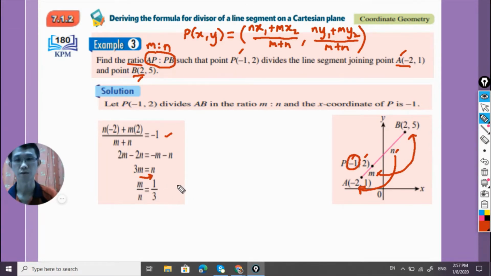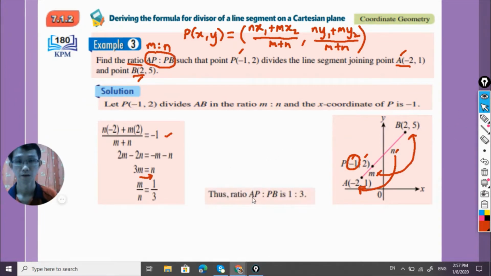This will give you the ratio AP to PB, which is m to n, as 1 over 3, or 1 to 3. So that's all, it's done. That is the ratio AP to PB.